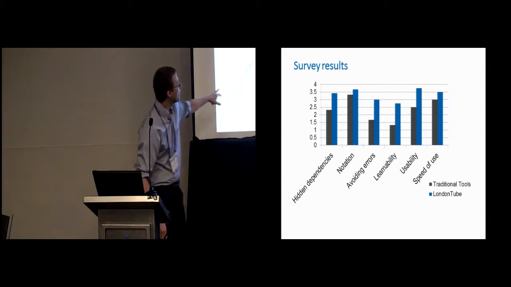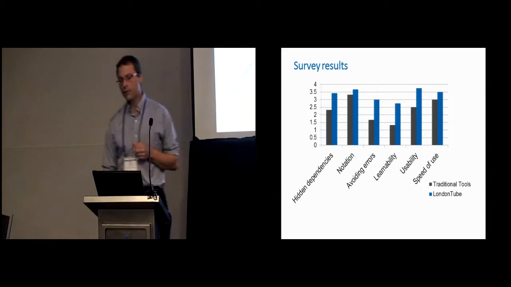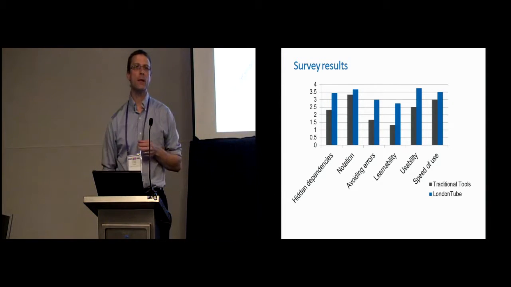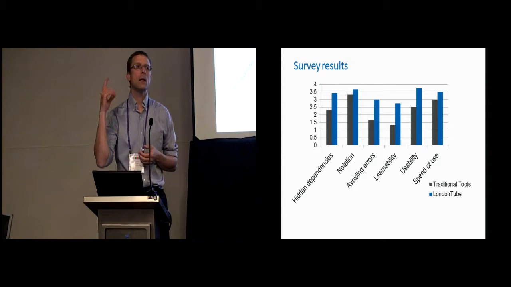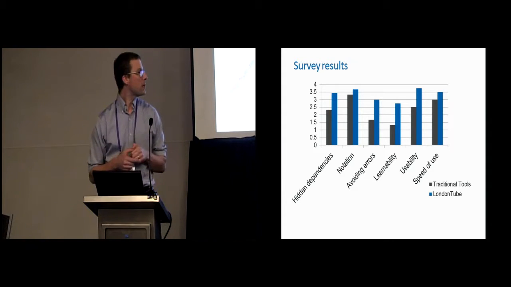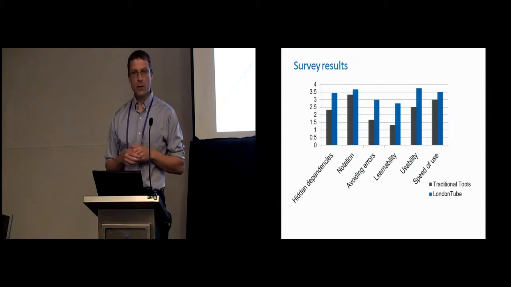We were able to combine these into scales, and all of them had Cronbach's alpha of about 0.65 to about 0.9. Dropping the least reliable item from the least reliable scale didn't change any of these results. And then we also had their usability and speed of use.